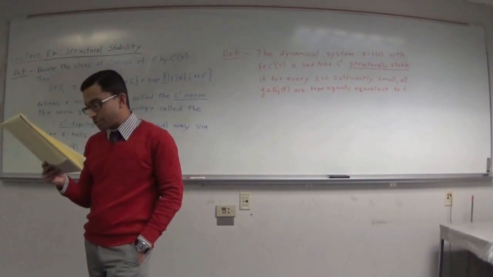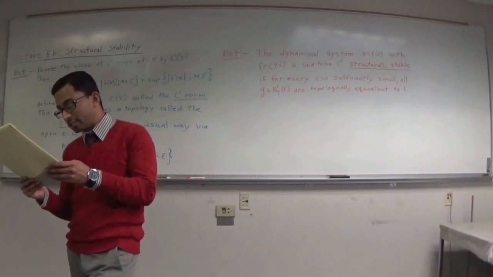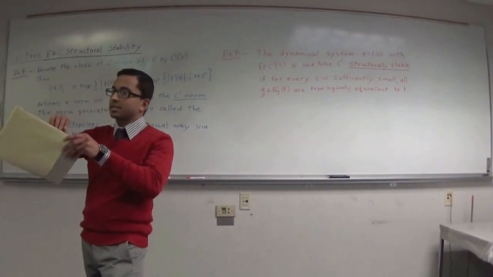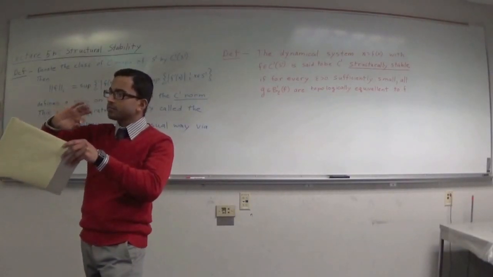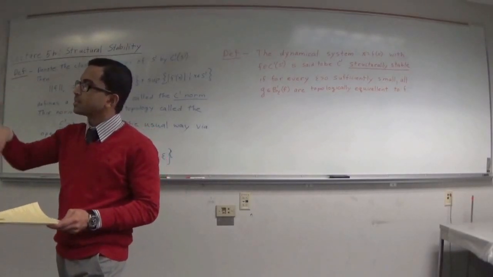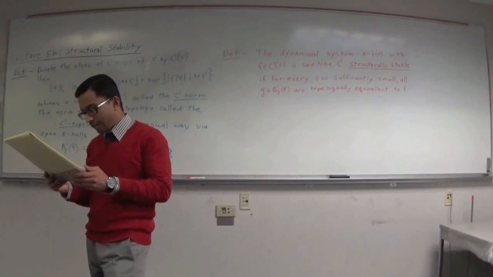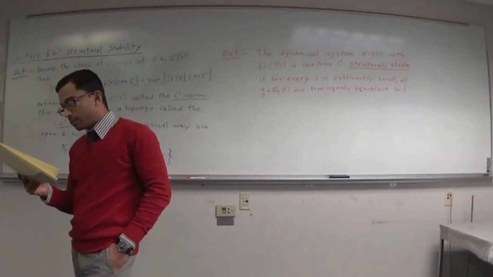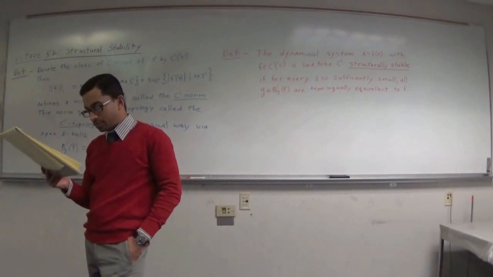The second property is there are no separatrices, so that means basically no homoclinic or heteroclinic orbits. So there are no orbits that connect saddle points.